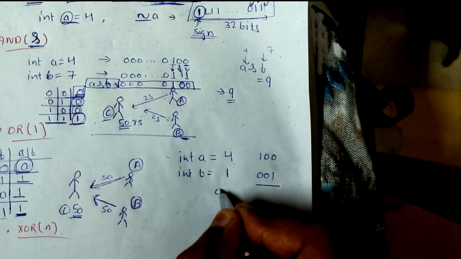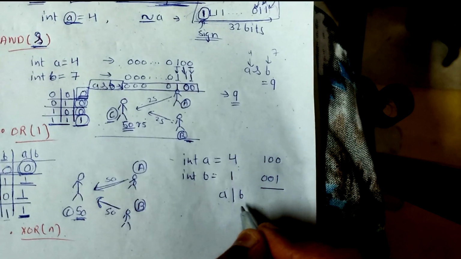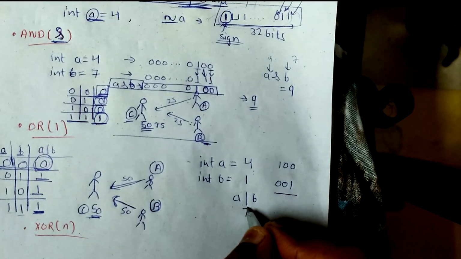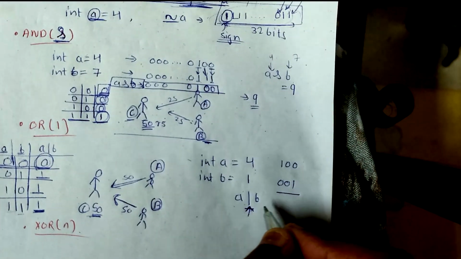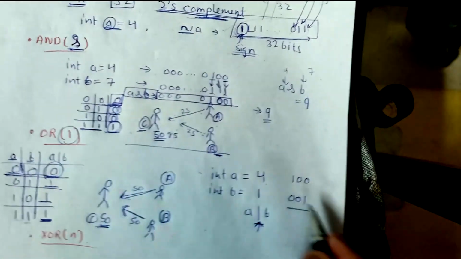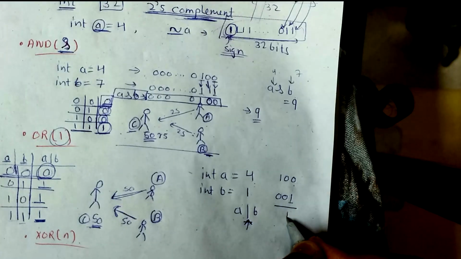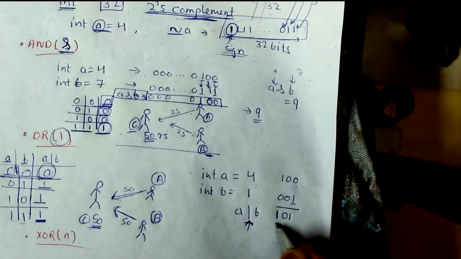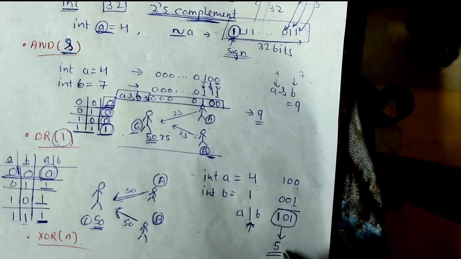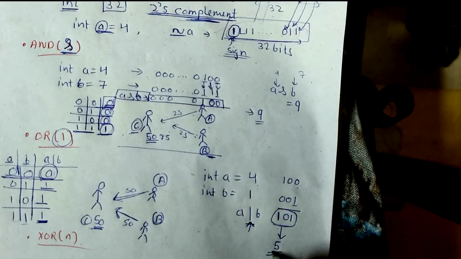Now if we calculate A or B, this bar symbol is used to represent OR. So here one of them has 1, so 101. This is the binary of 5.